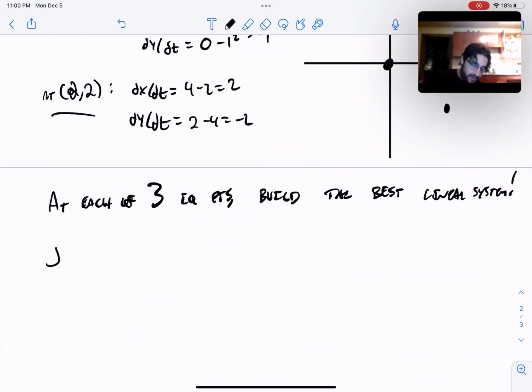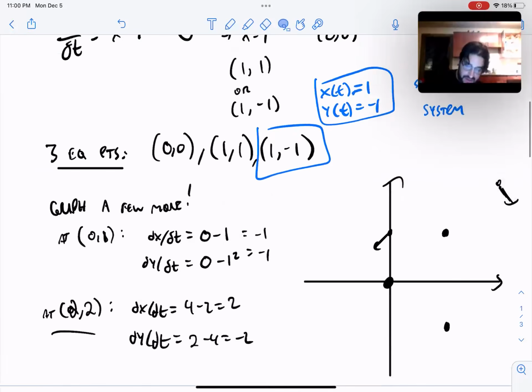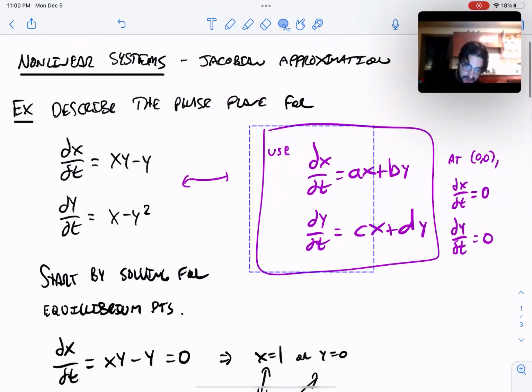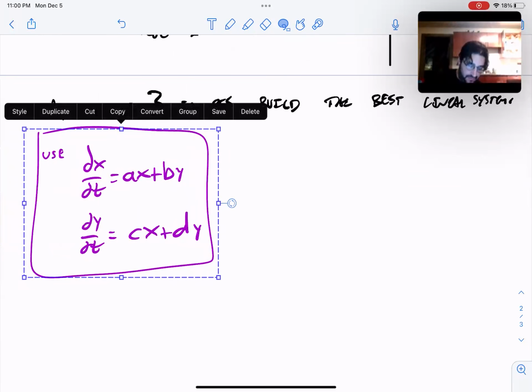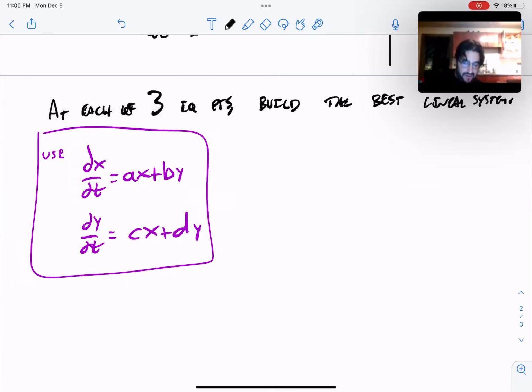Well, if you have this purple system that we were talking about before, suppose you call this right-hand side f(x,y), and this right-hand side g(x,y).